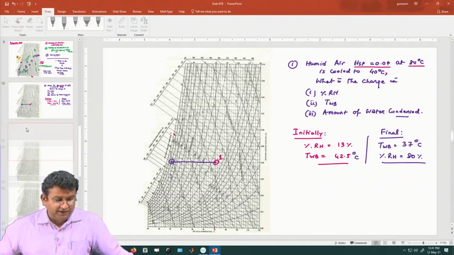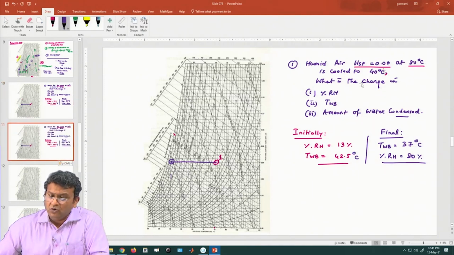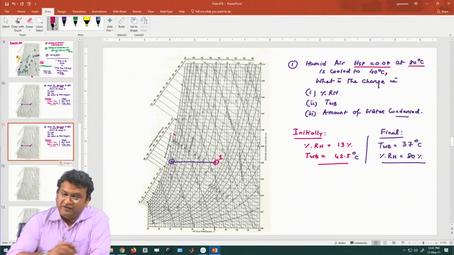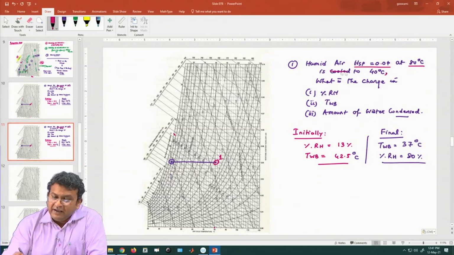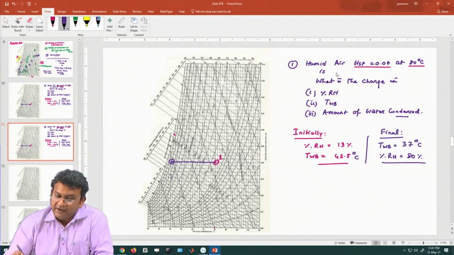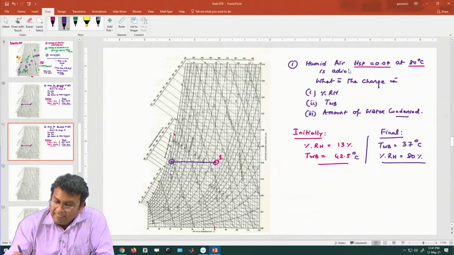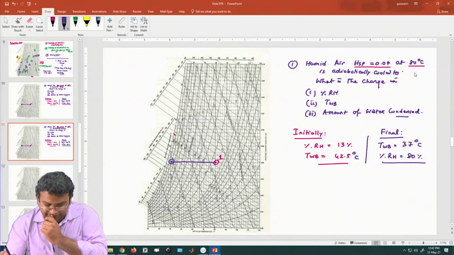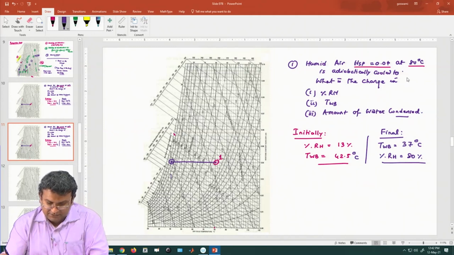Next, another problem we can do is that air at HSP of 0.04 and at 80 degree centigrade is now mentioned to be adiabatically cooled to 50 degree centigrade.